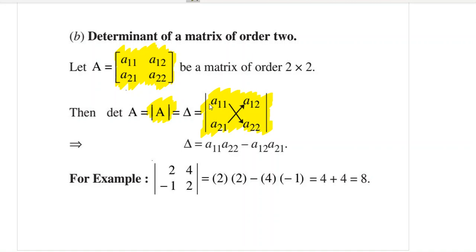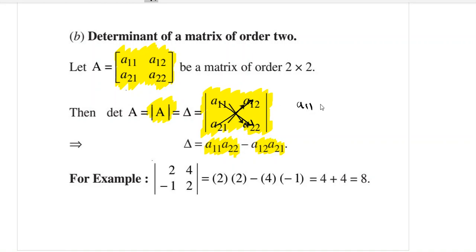They have taken cross products and subtracted those cross products: A11 A22 minus A12 A21. So you can say it like this: you can take the product of the leading diagonal and subtract the product of the other diagonal from it.